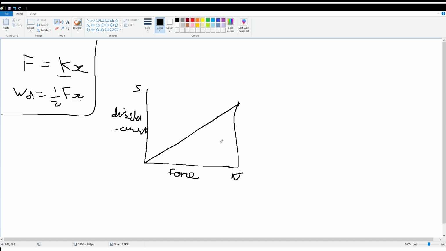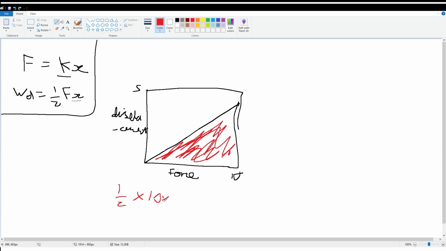Then you do 10 times 5, and that'll give you the area of this whole thing as if it was a box. And then what you're basically doing is multiplying by half to get just this. And that'll give you the work done. So just solve that quickly. 1/2 times 10 times 5 equals 25.